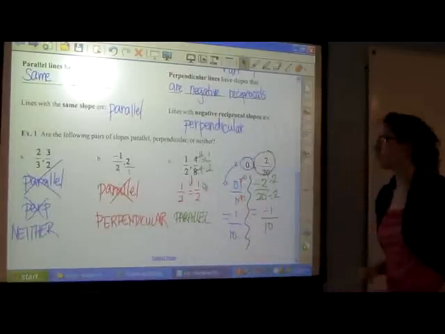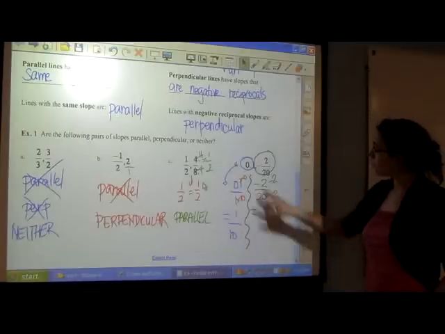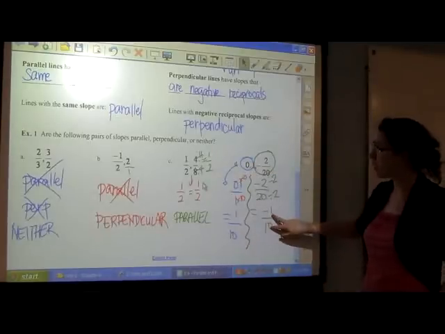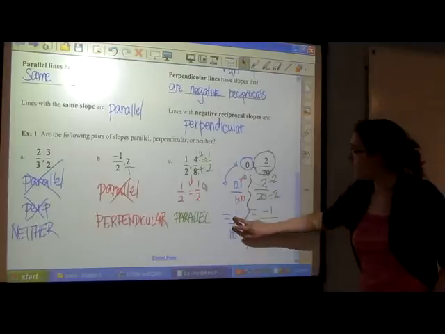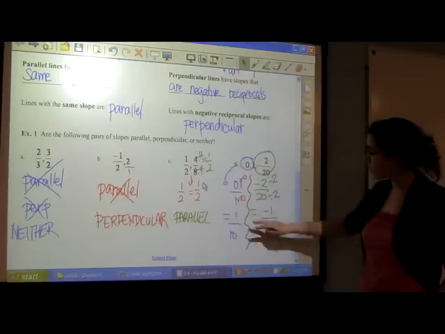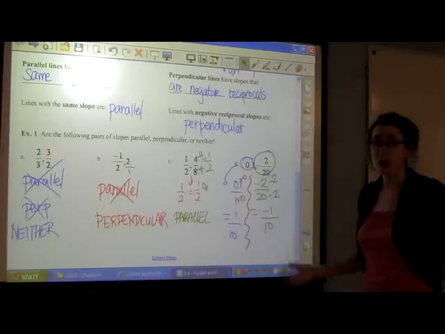So these are two very different things that we're comparing. I'm not saying that they're equal to each other. So I have the 0.1 is the same thing as 1 over 10. The negative 2 over 20 is negative 1 over 10. Well, I have one that's positive and one that's negative, but I don't have one that's the flip of the other. They're the same numbers. So this tells me that, again, I have neither.